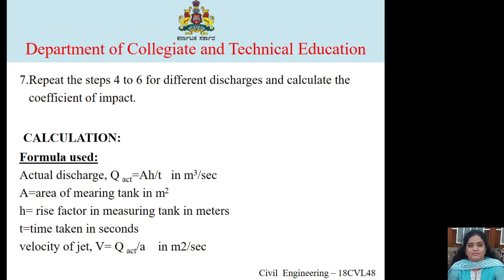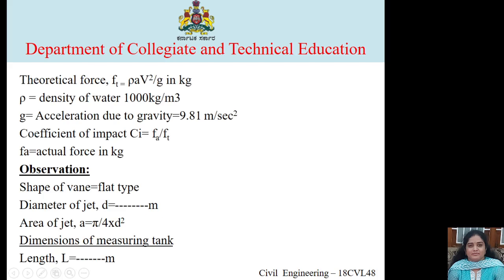From that you'll calculate the velocity V of the jet, that is Q actual by A, and from there you'll calculate the theoretical force FT, rho A square by G, where rho is the density of water and G is the acceleration due to gravity, 9.81. Next, the coefficient of impact CI is given by FA by FT, where FA is the actual force in kg.